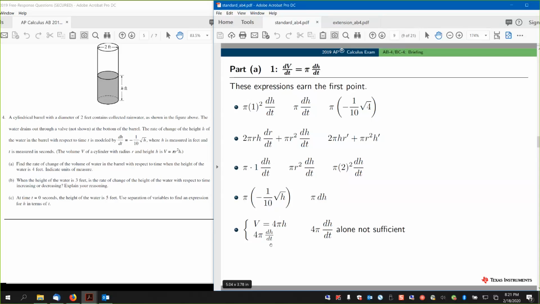They've used the chain rule. They're good for the first point. However, if this is the only expression that they write down, I don't know where the 4 came from. It might have come from, as we were talking about a couple moments ago, the derivative of r squared, 2 times r. So there isn't enough there for them to earn that first point. That's subtle, but that's the way we decided to grade it last summer.